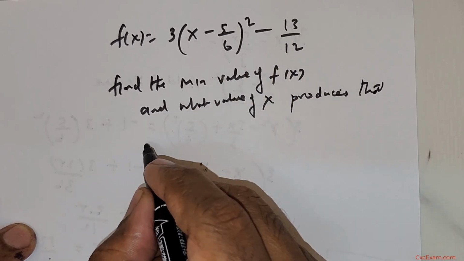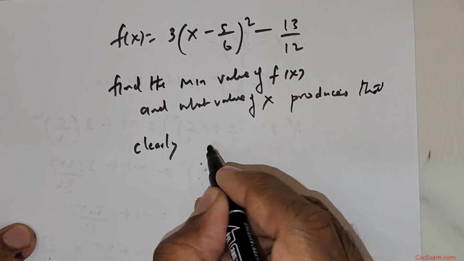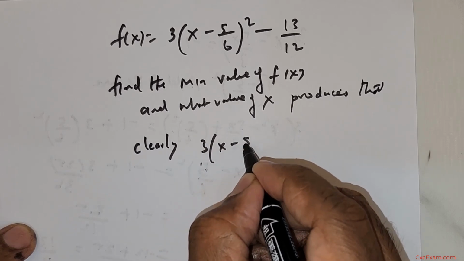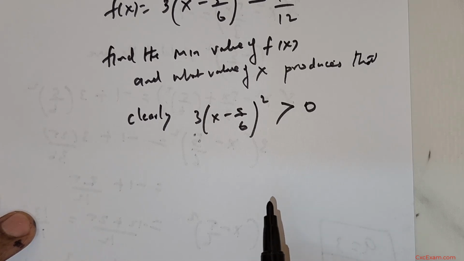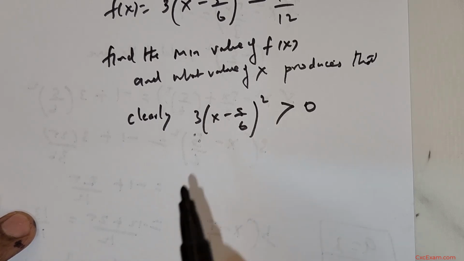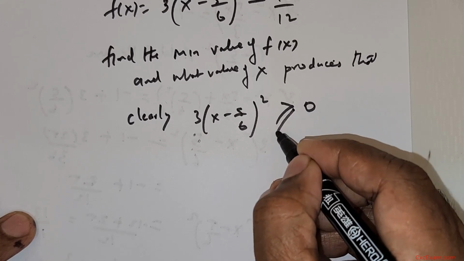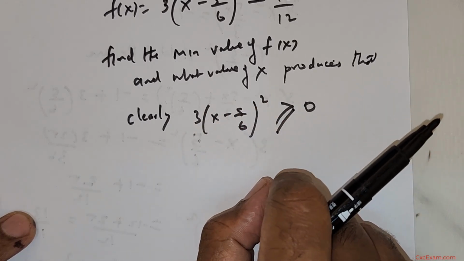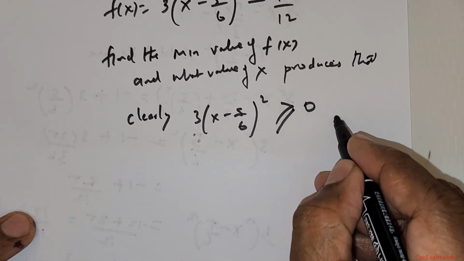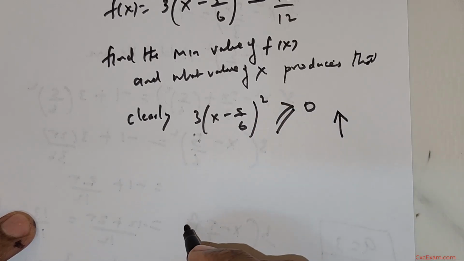Now clearly we observe that 3 times (x - 5/6) the whole squared is greater than or equal to 0, because when x is equal to 5/6 this becomes equal to 0. So that means this is always going to be a positive value.